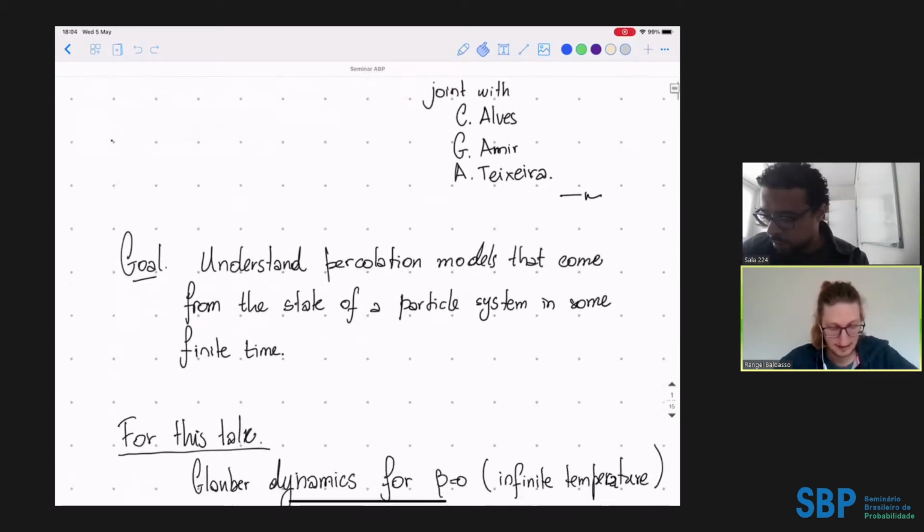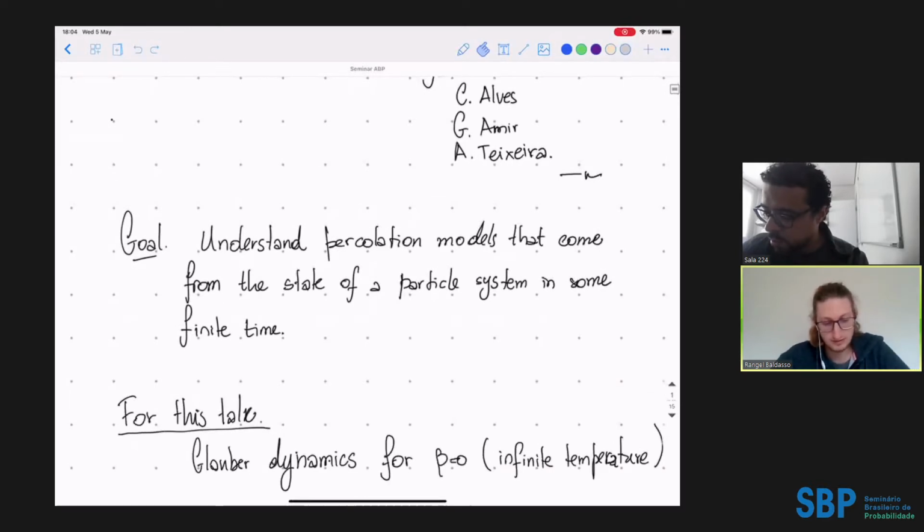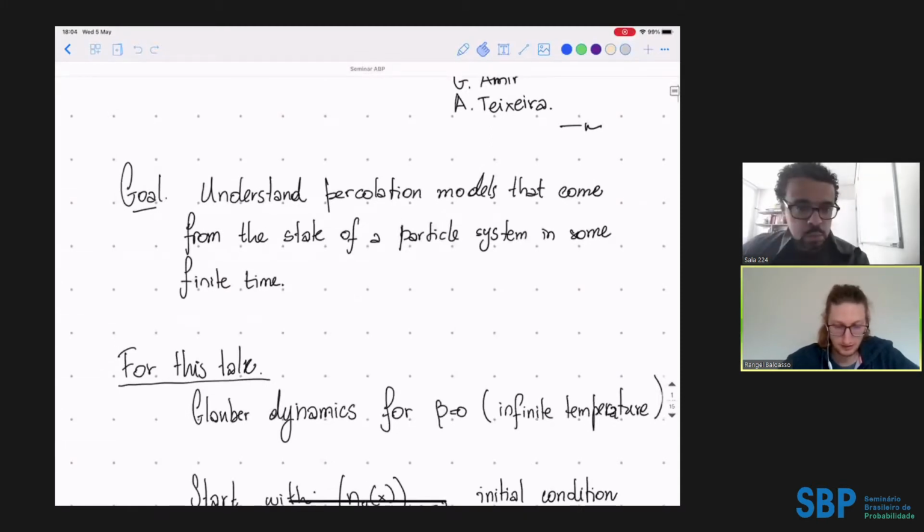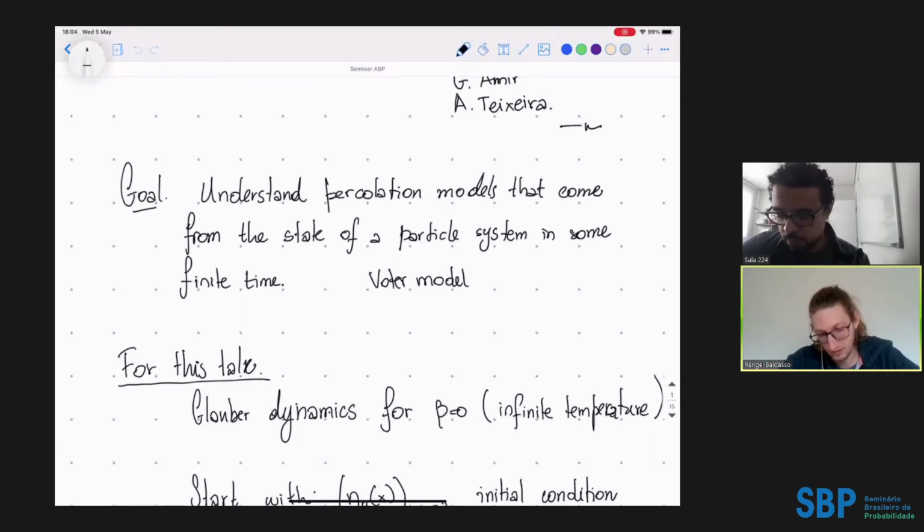And the goal of the project is to start to understand percolation models that come from looking at the state of a particle system in some finite time. So here you can think of something like, let's say, we take the voter model, or take, for example, the contact process.